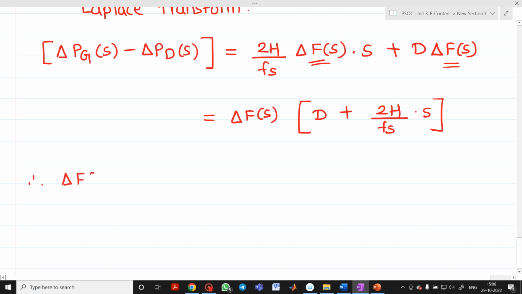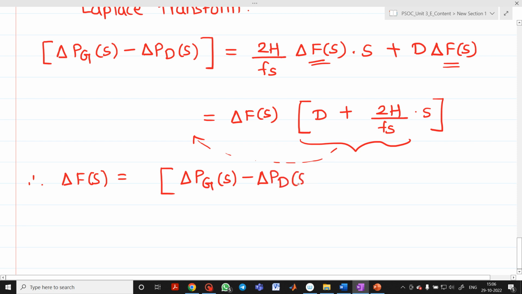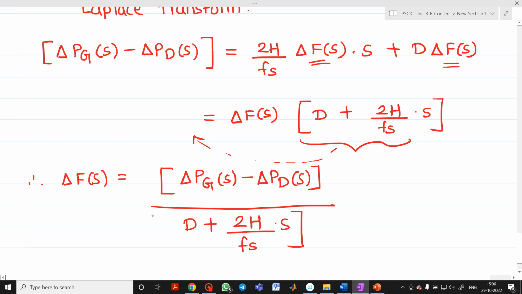The change in the frequency will be equal to, I am going to shift this term towards the left hand side. So what will I get? I will get ΔPg of S minus ΔPD of S, whole divided by D plus 2H upon Fs into S. So I'll get this equation for what?